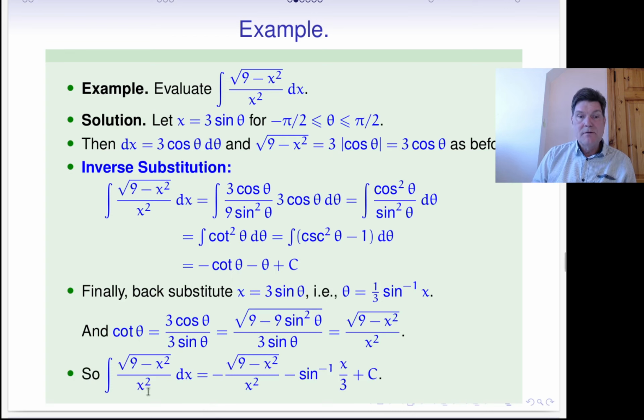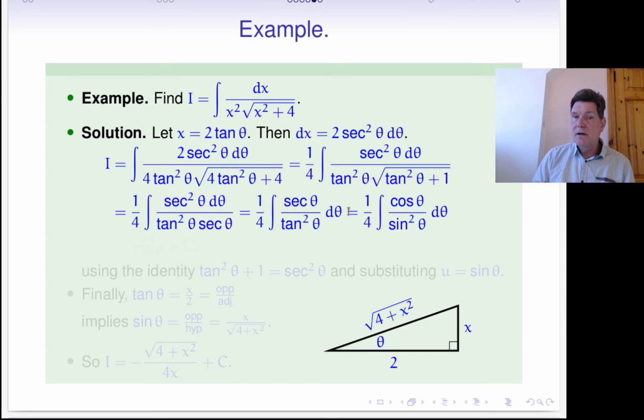and then the integral becomes one quarter of the integral over sec squared theta d theta divided by tan squared theta times sec theta, where of course one copy of sec theta cancels both top and bottom, and then we're left with a quarter of sec theta over tan squared theta d theta.